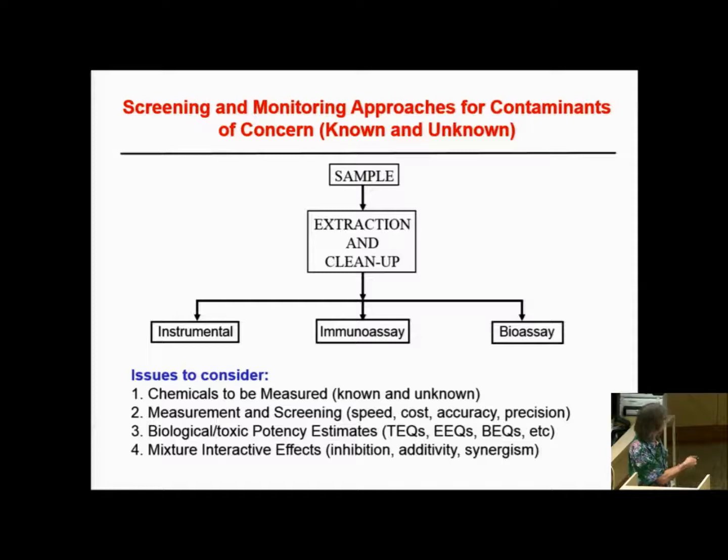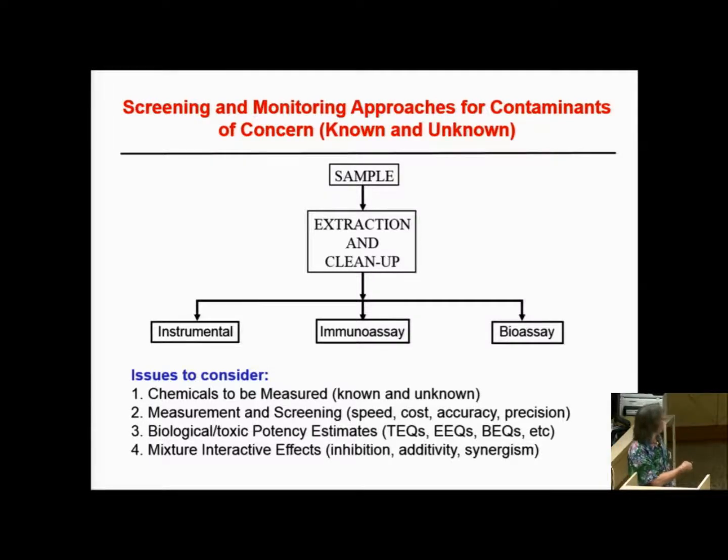There are immunoassay approaches where antibodies are developed against a particular chemical or closely related structures, and then bioassay approaches, where a mechanism of action or a toxic or biological endpoint is used to detect chemicals that can affect that pathway.